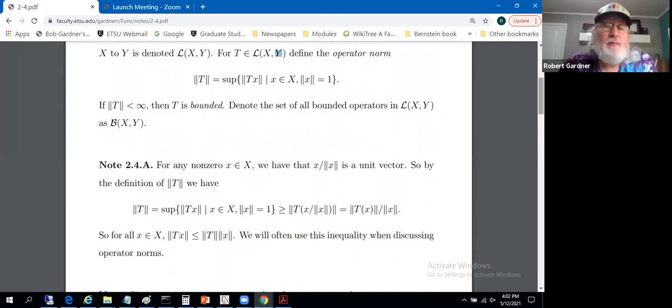Let's look at some properties of it. If we take any non-zero vector, lowercase x, in vector space X, then the vector X divided by the norm of X, technically it's 1 over the norm of X as a scalar times vector X. Division's not a defined operation.